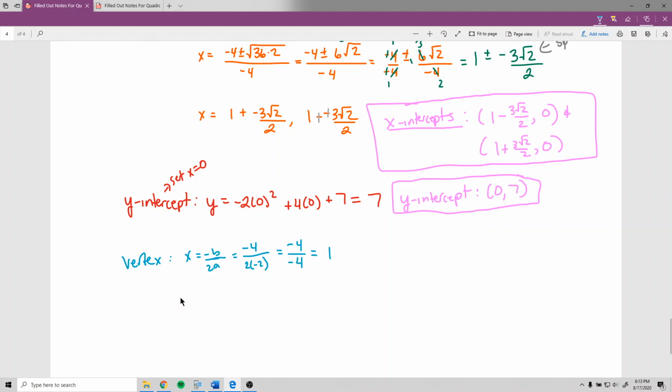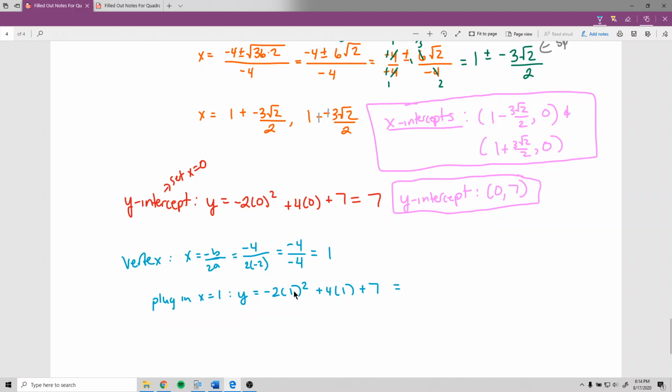Then we plug in 1 to get the y value of the vertex. Our formula was negative 2x squared, x is being replaced by 1, plus 4 times x, which is 1, plus 7.